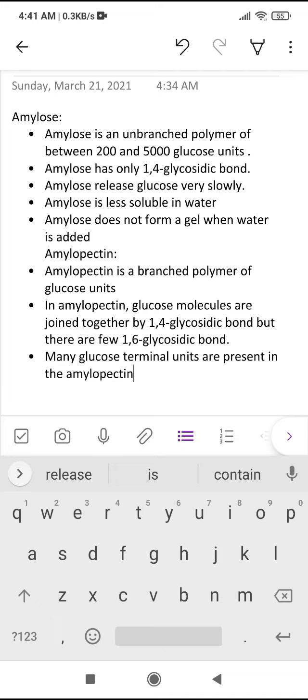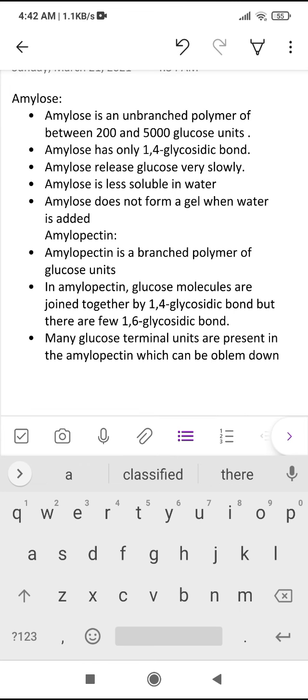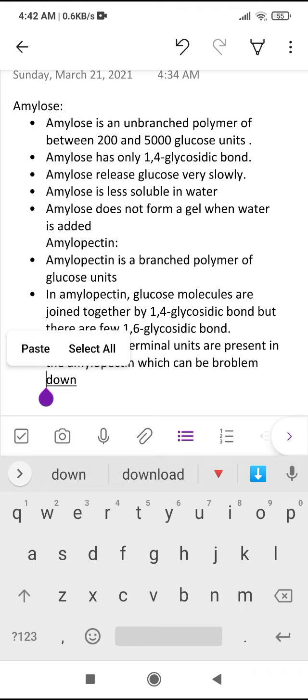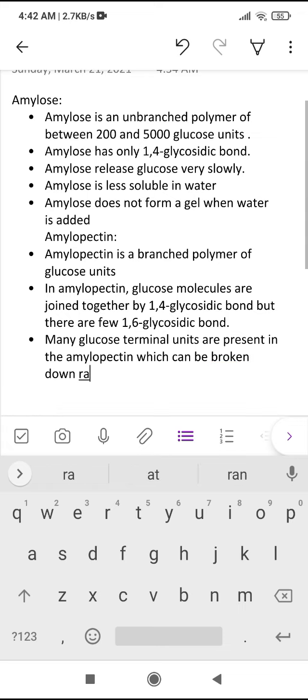So many glucose terminal units are present in the amylopectin, which can be broken down rapidly to release energy.